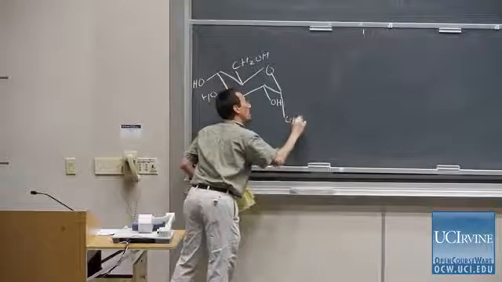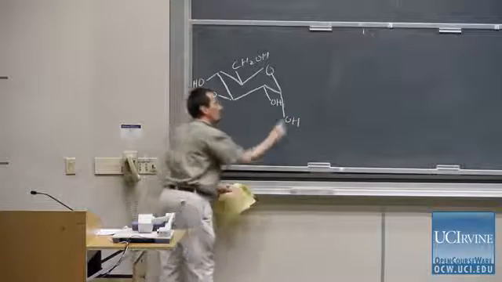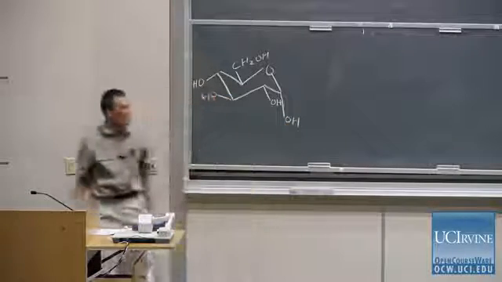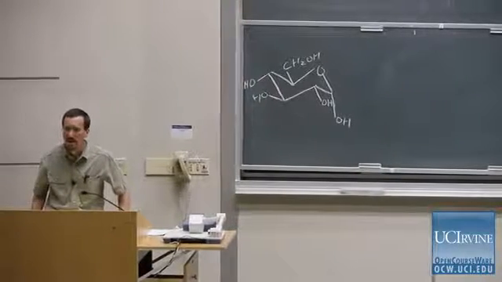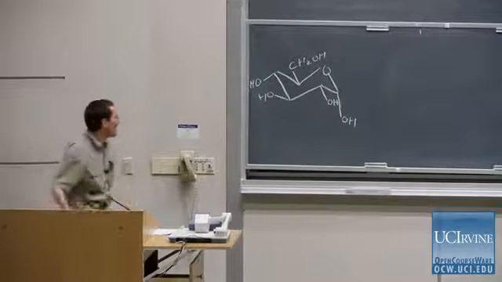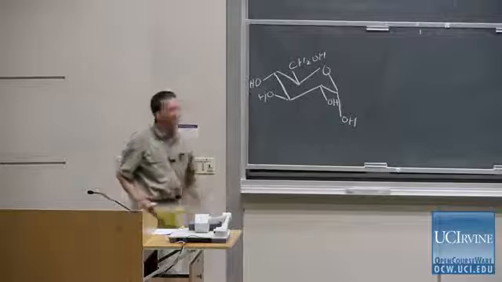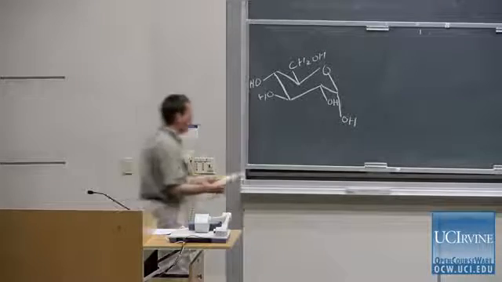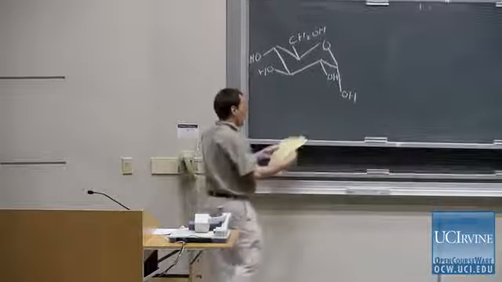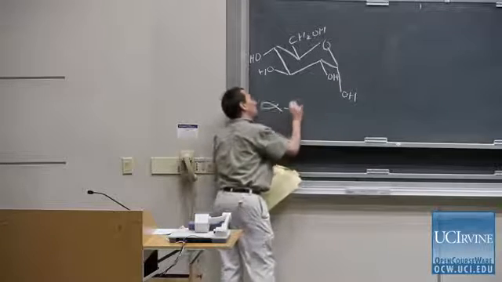I'm going to now, instead of having our hydroxy group at the 1 position be equatorial, have our hydroxy group at the 1 position be axial. Now this is alpha D-glucose.